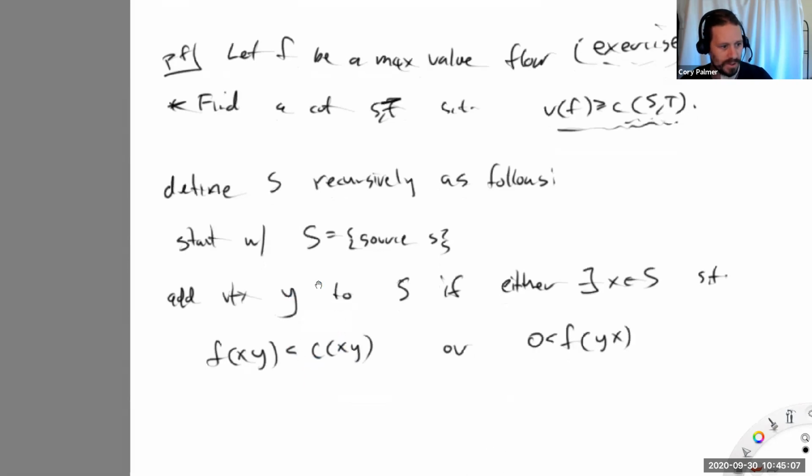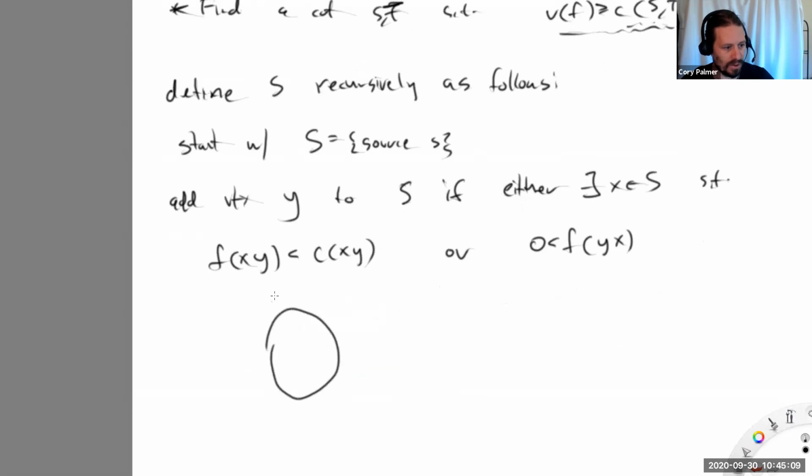So let me draw this picture here. Here's S so far. It has little s here and other vertices there. And I'm looking at a potential Y that I want to add to it. Now I'll draw Y and Y prime because there are two different scenarios for when I would add it. I would add Y to S if there was an X in here that was directed towards Y and the flow on this arc was less than the capacity.